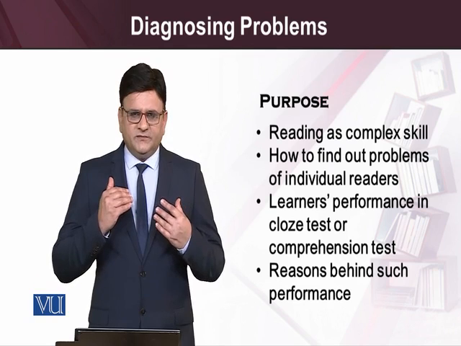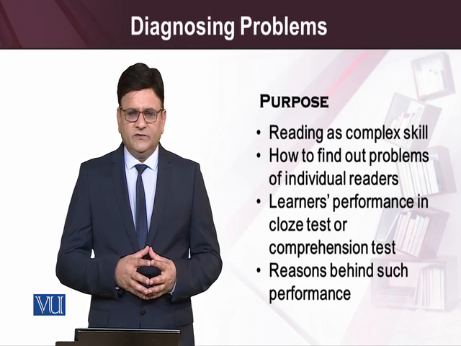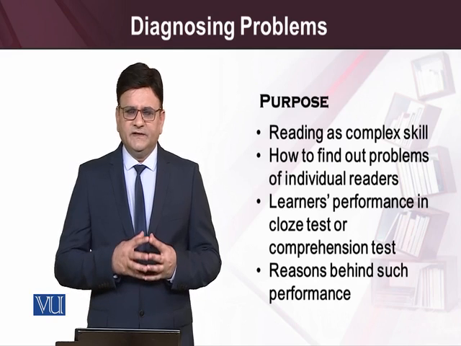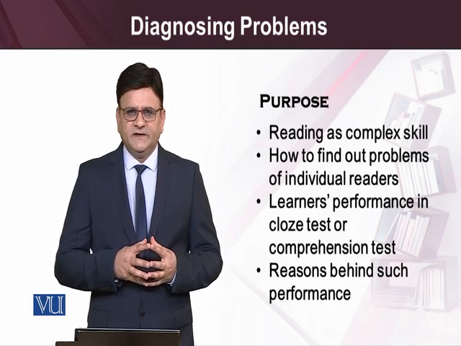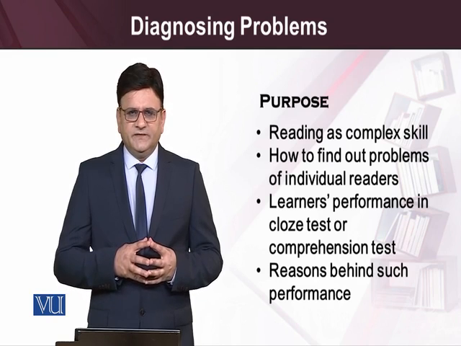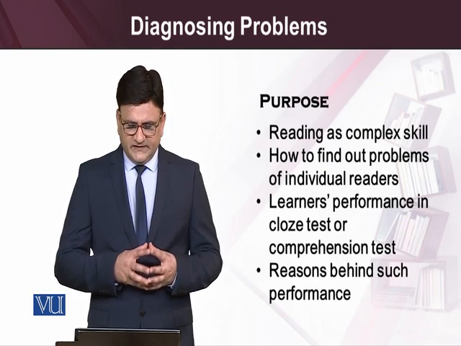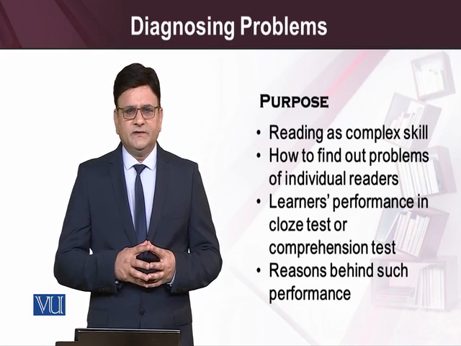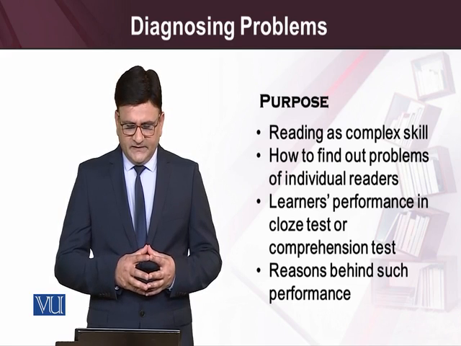You are mentally involved in understanding the text, maintaining the speed, scanning, or reading for fact or reading for opinion. So there are different kinds of psychosocial processes involved in reading.